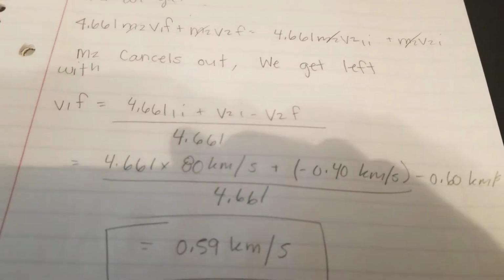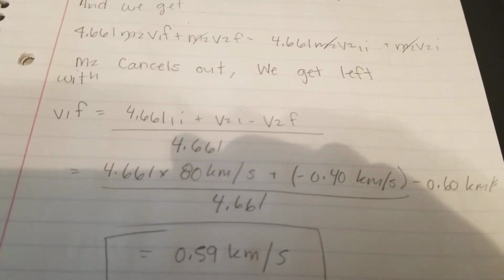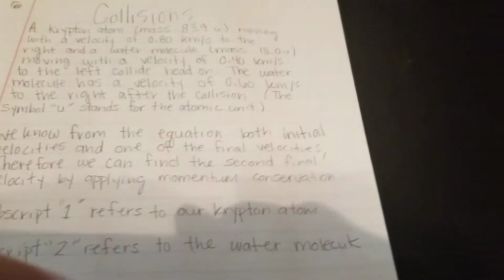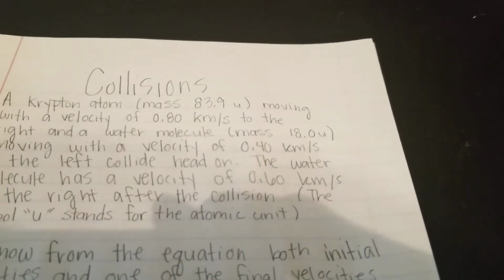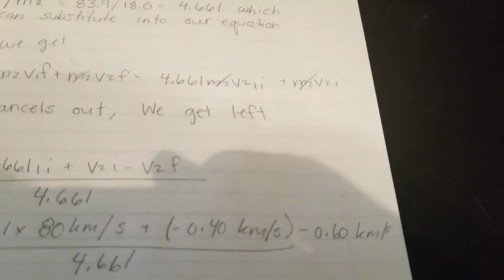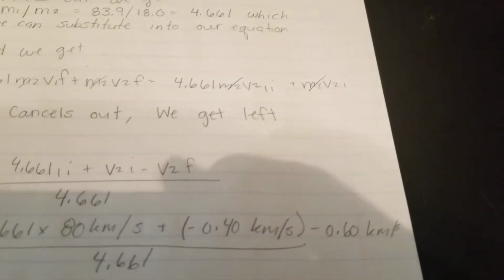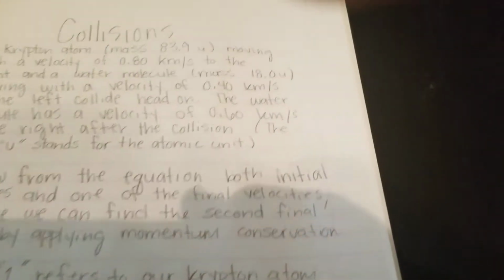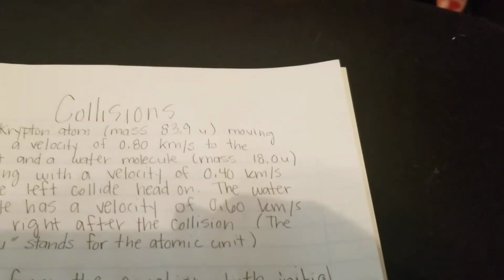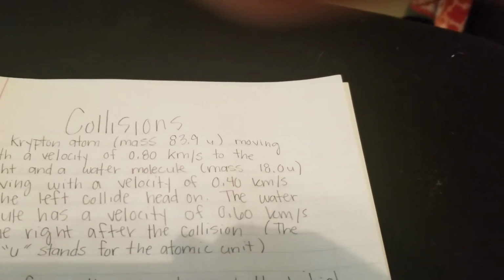So we get 4.661 times 0.80 kilometers per second, which was the velocity of our krypton atom, plus a negative 0.40 kilometers per second for our water molecule. If we go back, the reason it is negative is because they're colliding, so that water molecule is going in the negative x direction.